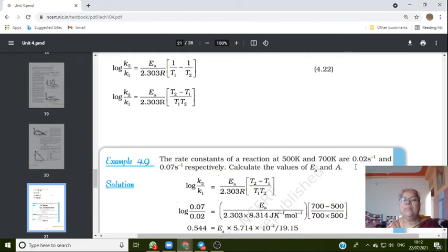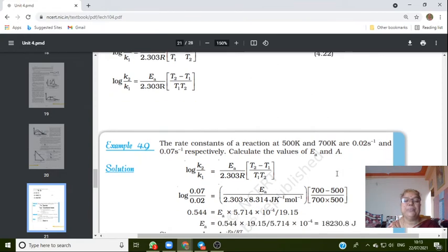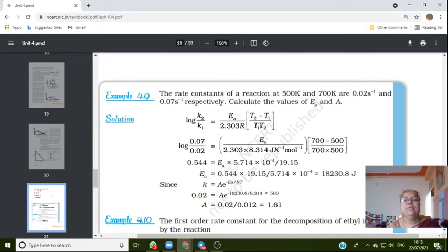They have given two temperatures and two rate constants, and we have to calculate the values of EA and A. By using this equation, we can calculate EA. Log K2 value is 0.07, K1 value 0.02. R value is 8.314 joule per Kelvin per mole.